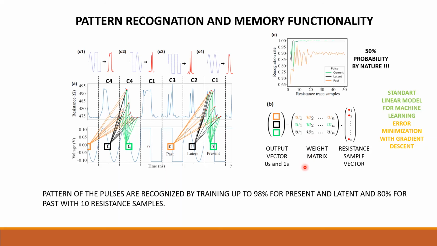In summary, we can say that the pattern of the pulses is recognized by training up to 98% for present and latent pulses, which corresponds to the time range from 0 to 2 nanoseconds, and 80% for past pulses, which corresponds to the time range from 2 to 3 nanoseconds, with 10 resistance samples.